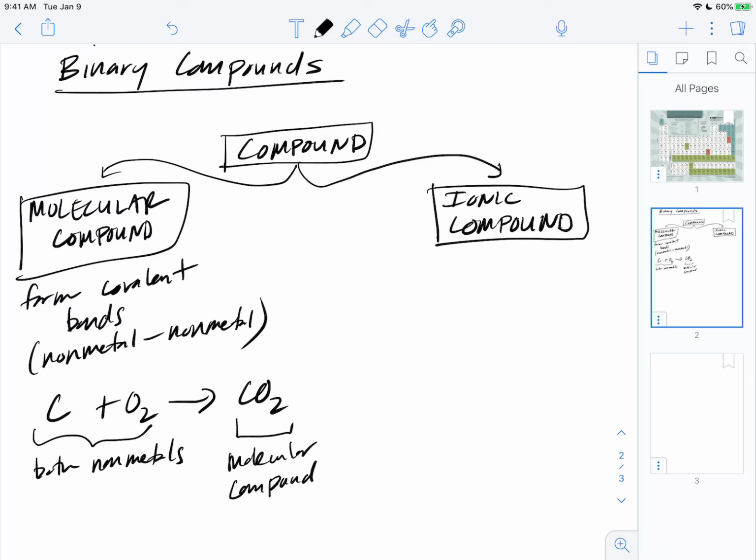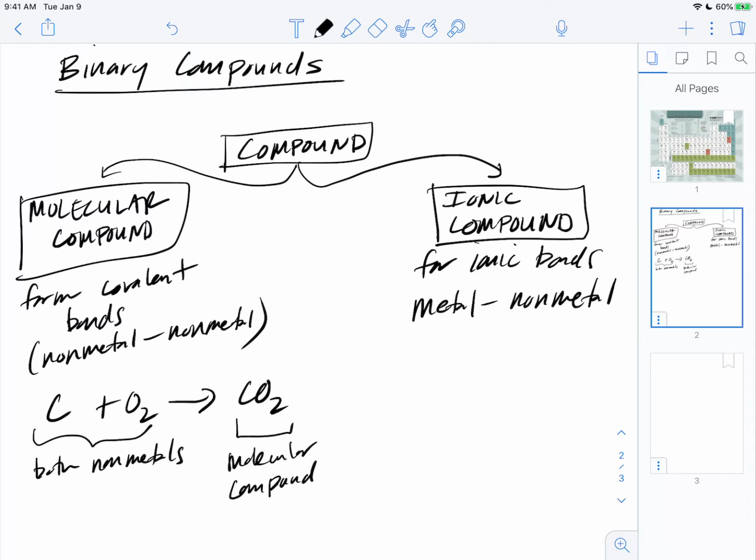Okay, ionic compounds form ionic bonds. And ionic bonds are formed when a metal bonds with a nonmetal.